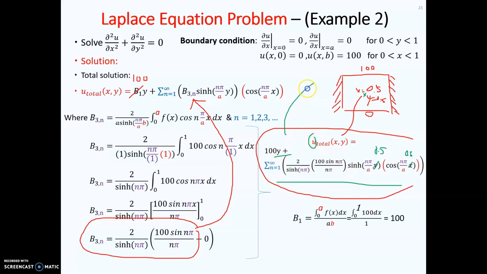This formula is only valid for the x between 0 and 1 and the y between 0 and 1. If you substitute the x equal to 1.5, which is outside the range, this is invalid because the original physical system here, the range is only within 1. So if you compute outside this boundary, then you are computing something that does not exist.